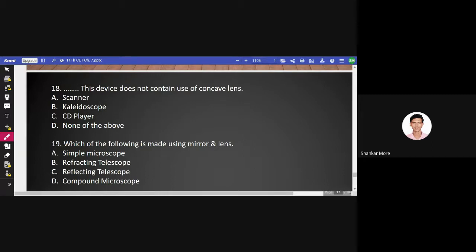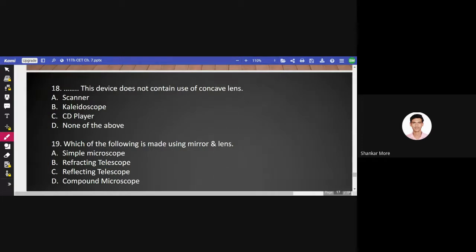So what does it use? Anybody has any idea? Plane mirrors. To be precise, it uses plane mirrors. Yeah, plane mirrors. Good.